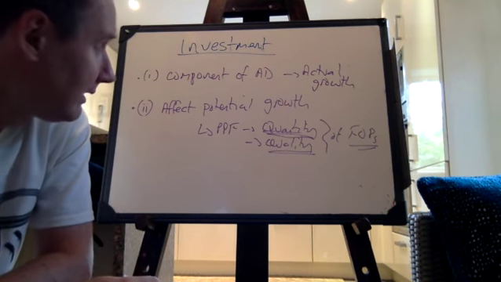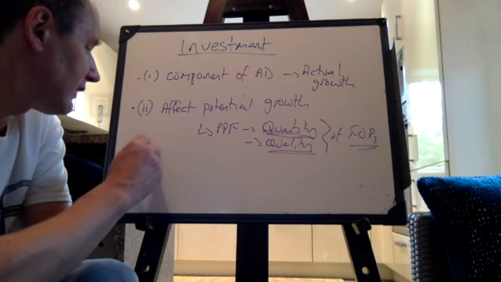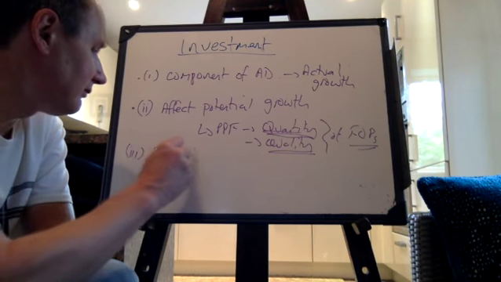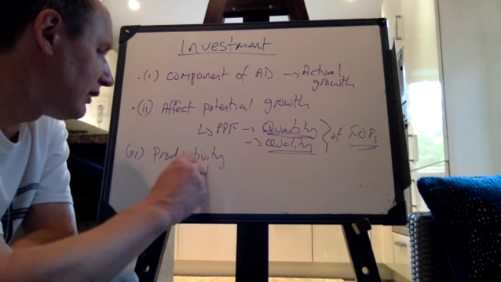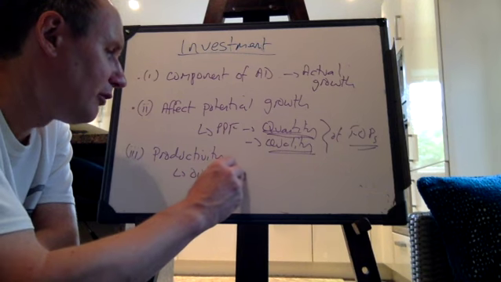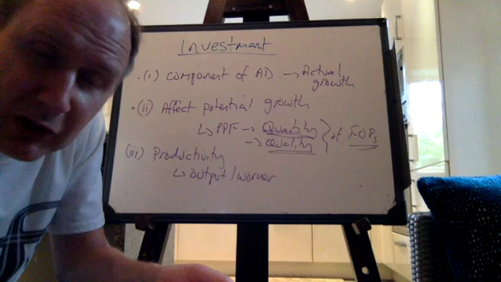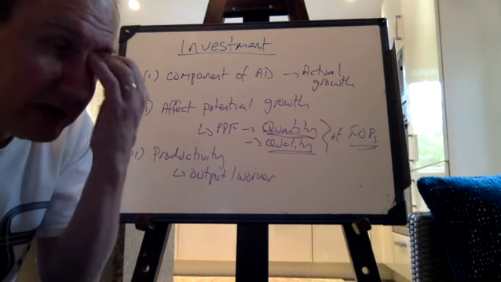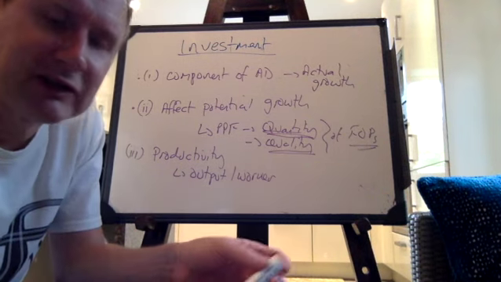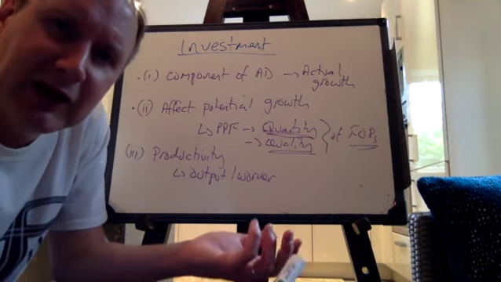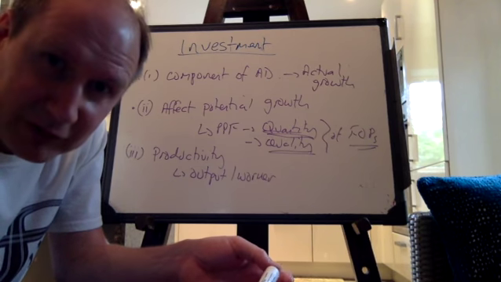So that sounds good. Thirdly, it's also going to affect productivity. Now, productivity is generally measured as output per worker. So it's not production, it's efficiency. Probably an increase in productivity will lead to an increase in production, but it doesn't necessarily have to do so. Suppose I have 10 workers and I make them twice as productive, twice as efficient.